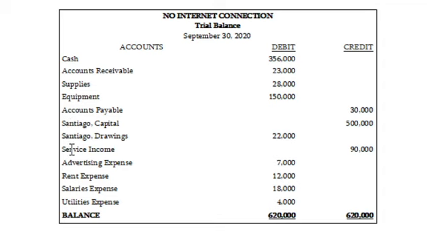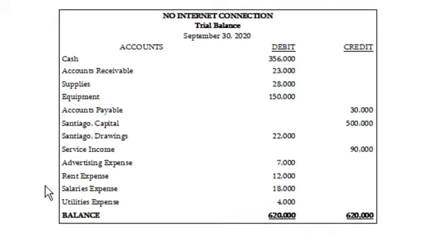After that, the revenue or the income account. So, we have here the service income. Next is the expense account. So, advertising, rent, salaries, and utilities. Again, di pwedeng mauna si expense.